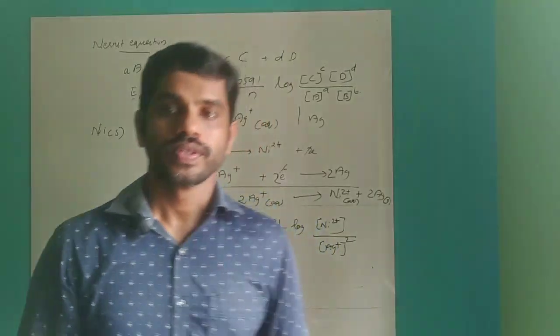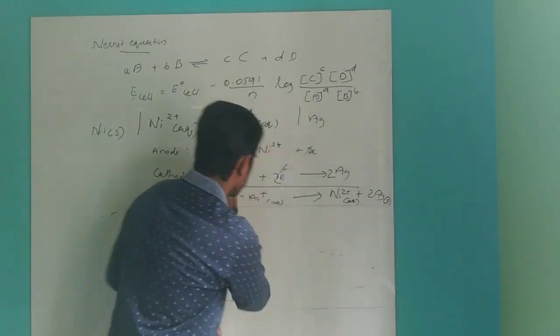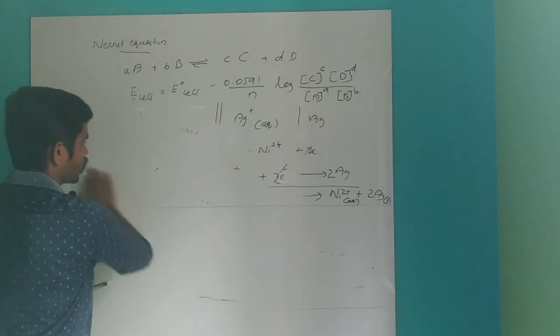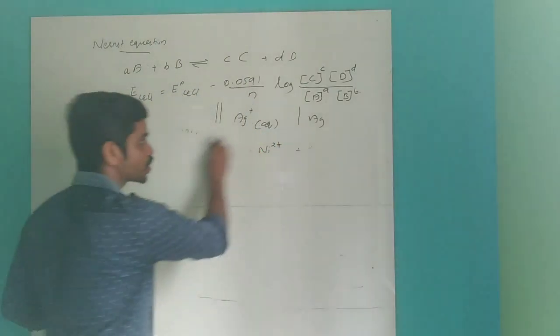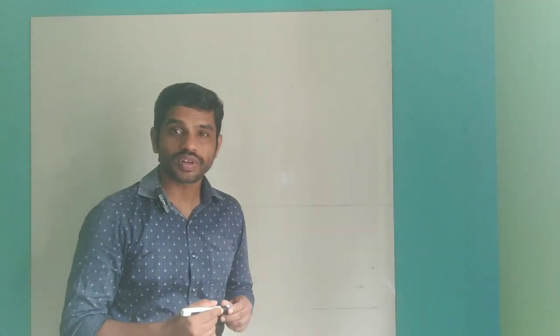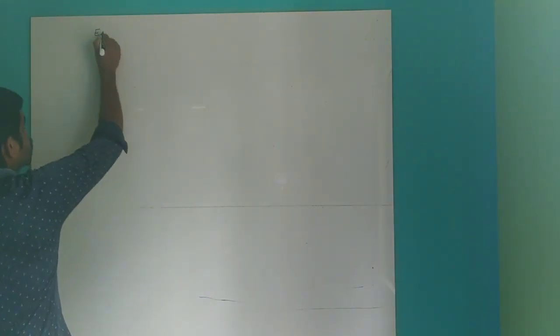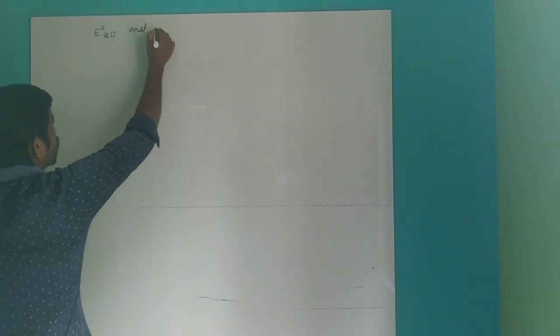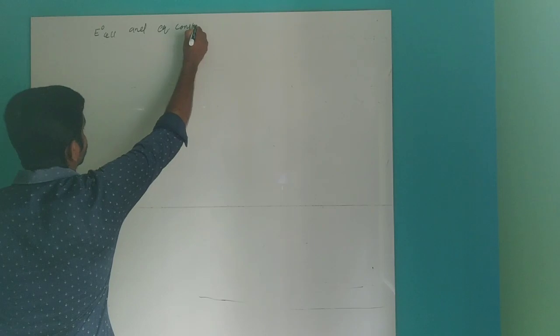Of this much you understood well. Next, what is the relation between the E0 cell and the equilibrium constant?